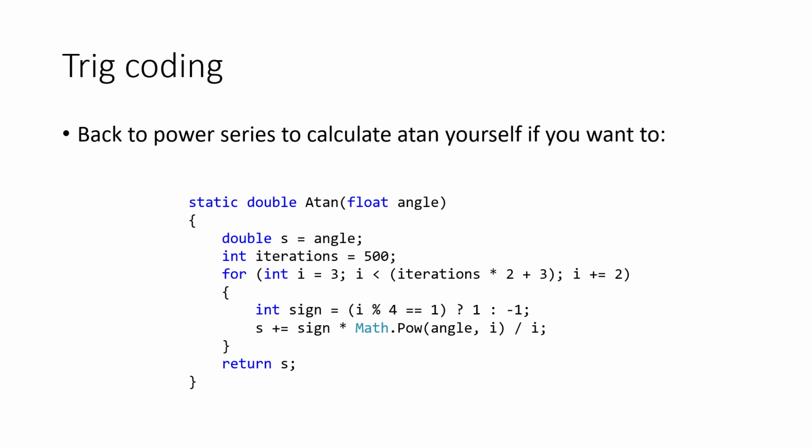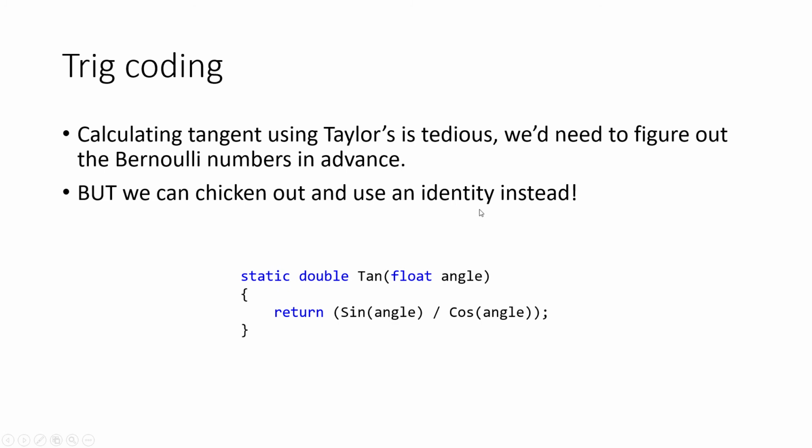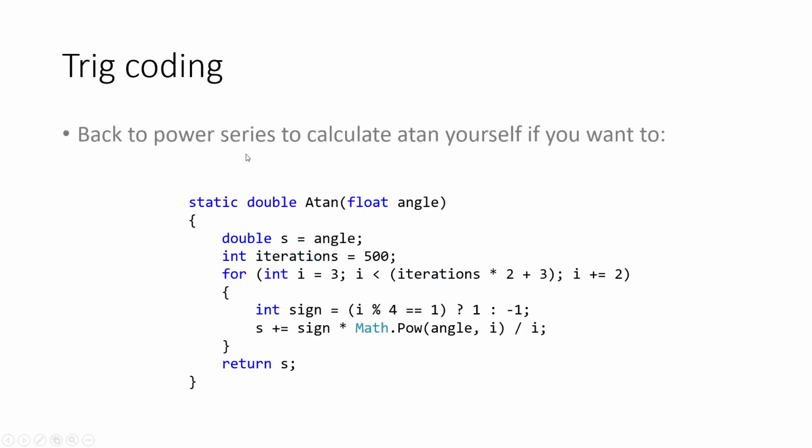This is the atan function. If you really wanted to do it yourself, then it's, oh sorry, I thought I was still talking about tan. Sorry about that. This is the atan function, and it can be done using a repeating fraction as well, very similar, at 500 iterations.